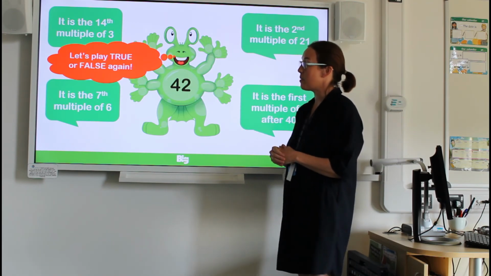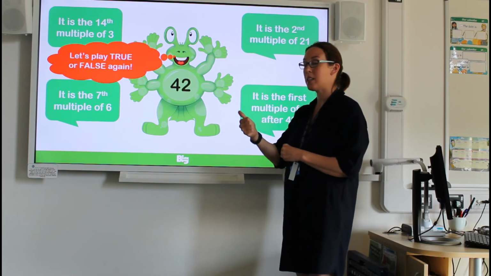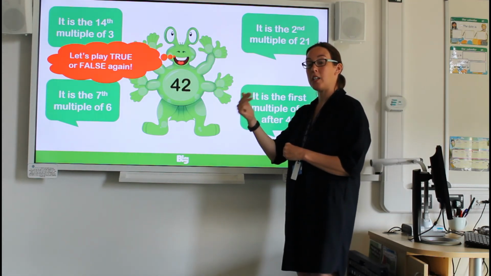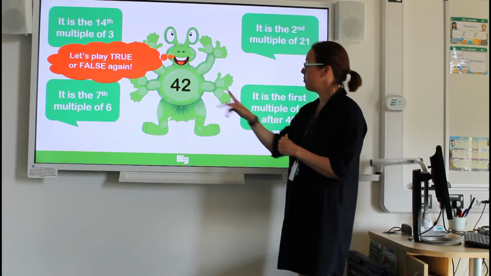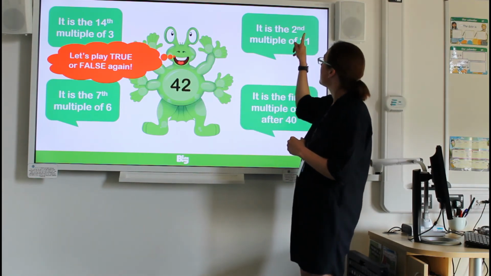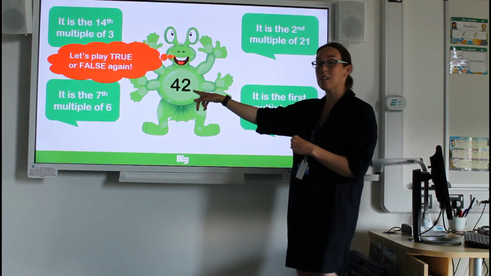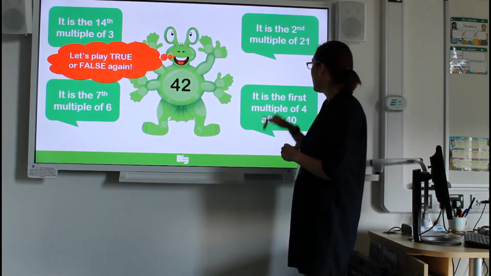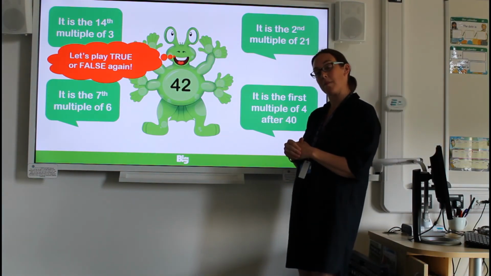It is the 7th multiple of 6. Let's do our 6 times tables. 6, 12, 18, 24, 30, 36, 42, also true. It is the second multiple of 21. Well, double 21 is 42, well done. And it is the first multiple of 4 after 40.